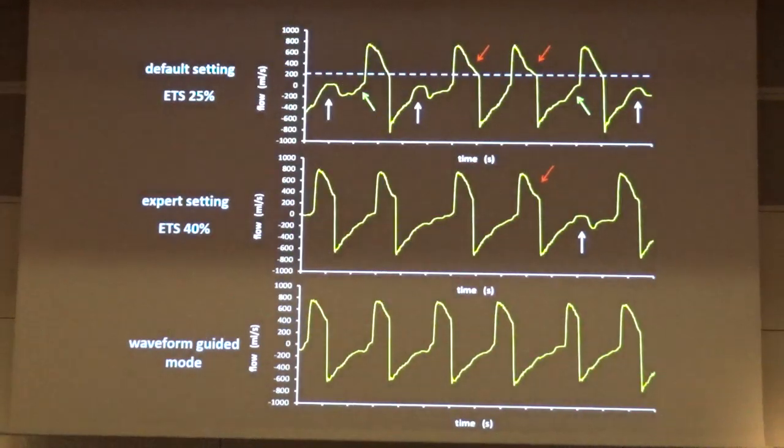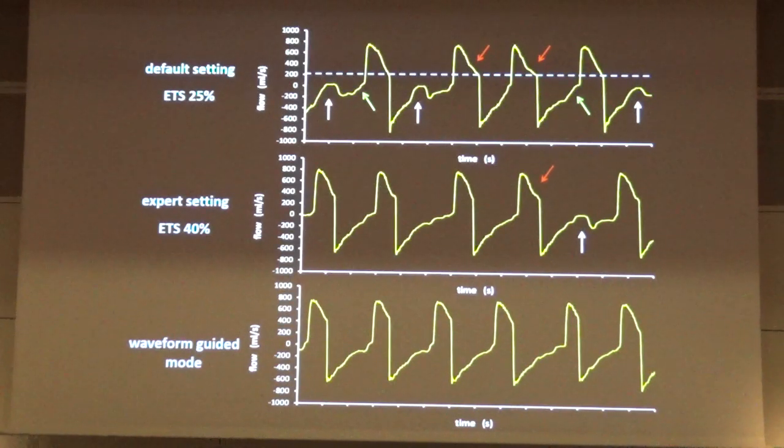This is a flow tracing recorded from one of the patients enrolled in the study. From top to bottom you see the default setting, then the expert setting, and the waveform-guided mode. With the default setting, the physician observed poor patient-ventilator interaction with ineffective efforts, the white arrows, trigger delay, the green one, and late cycling, the red arrows.